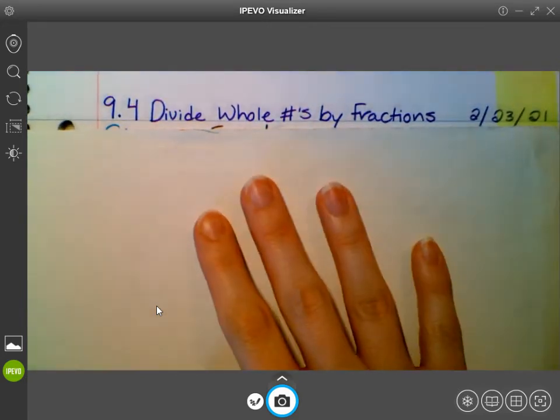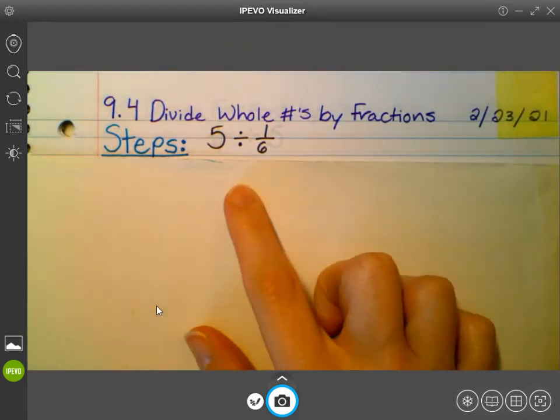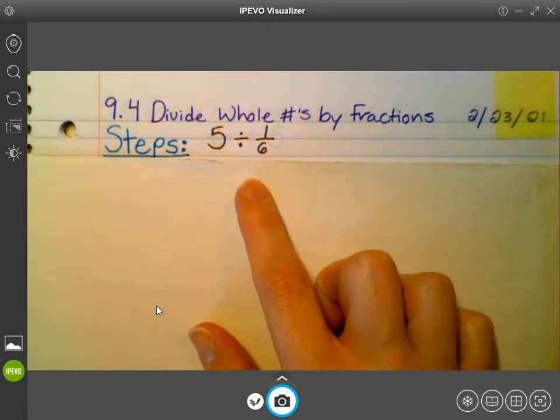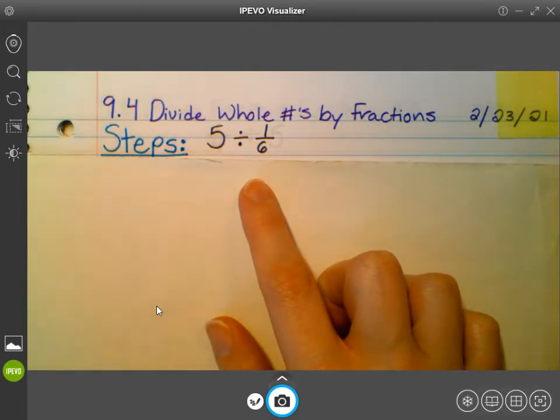So we're going to go through the steps to solve this example problem, 5 divided by 1/6.